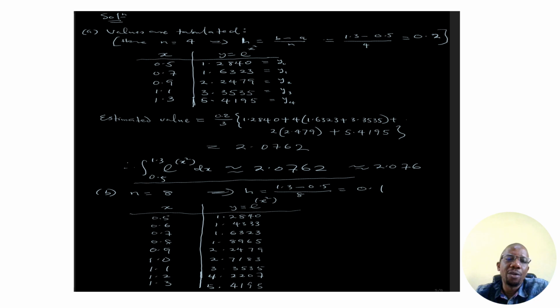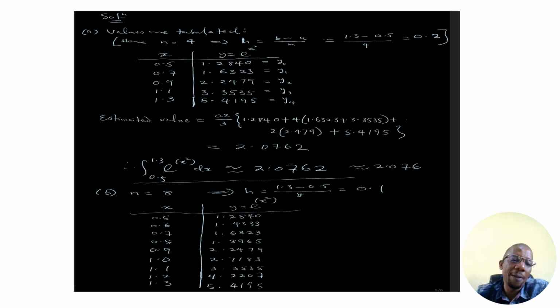So for part B, we have n equals 8. The number of strips is 8. Therefore, our h is 0.1, just like we did before. So we tabulate as usual from 0.5 to 1.3. But because h equals 0.1, you can see the entries for x are more than what we had for h equal to 0.2, that is, for the number of strips being 4.